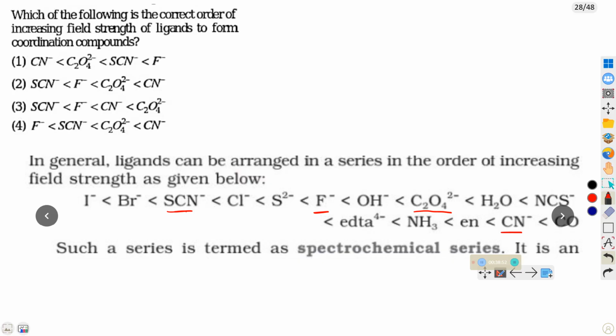Which of the following is the correct order of increasing field strength of ligands to form coordination compounds? SCN minus less than F minus less than C2O4 2 minus less than CN minus.